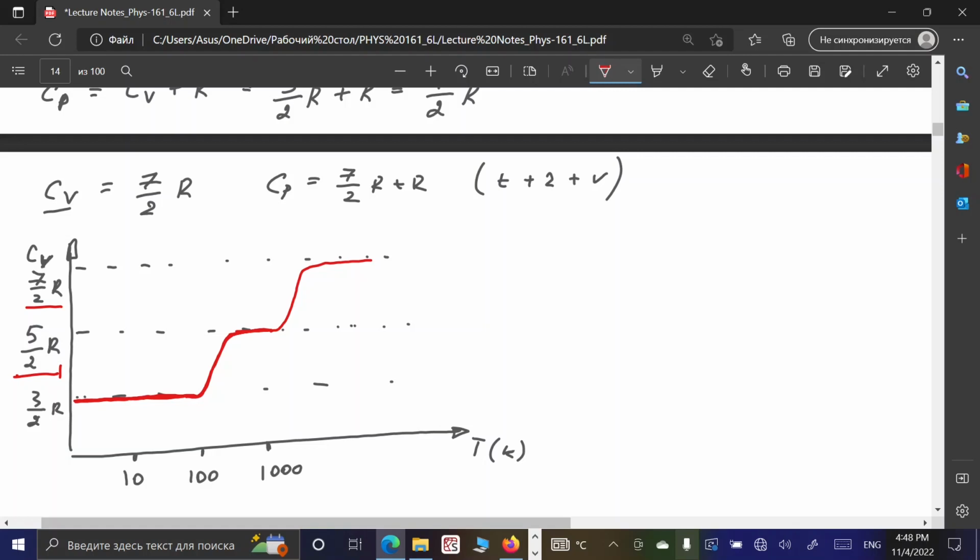And we considered additional contributions from additional degrees of freedom for a diatomic molecule of ideal gas, when it's possible to consider on top of translational also rotational and vibrational motion.